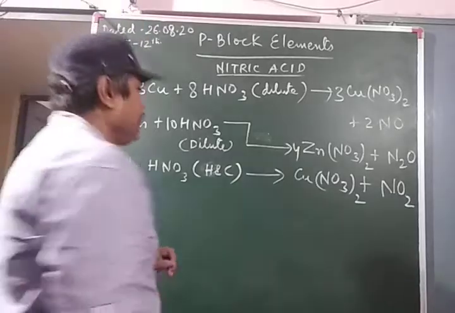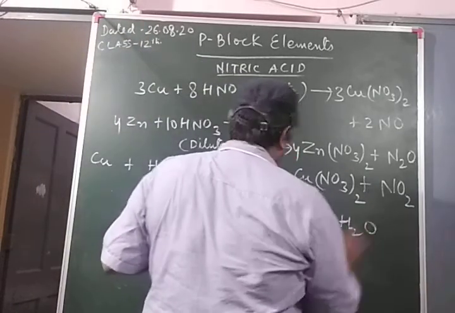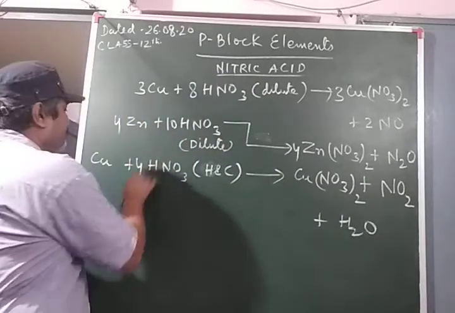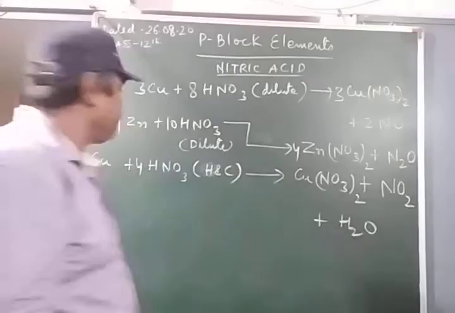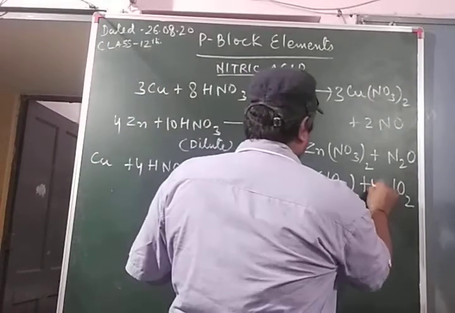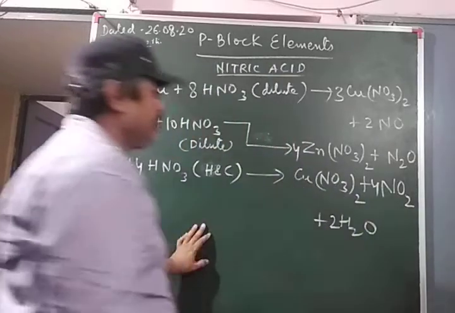Cu(NO3)2 plus NO2 plus H2O. On balancing it, Cu plus 4HNO3 gives Cu(NO3)2 plus 2NO2 plus 2H2O.